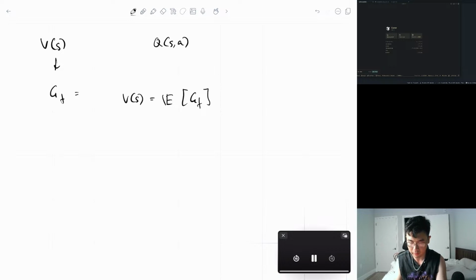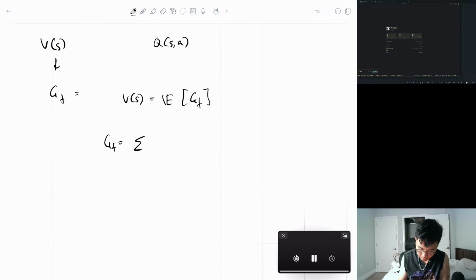And the return is equal to the sum of discounted rewards.